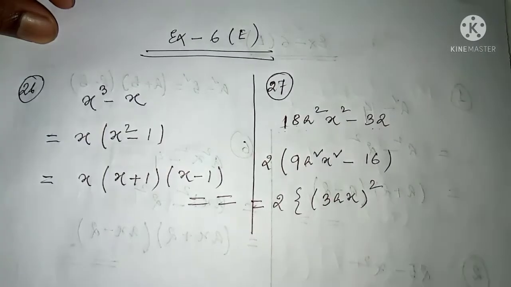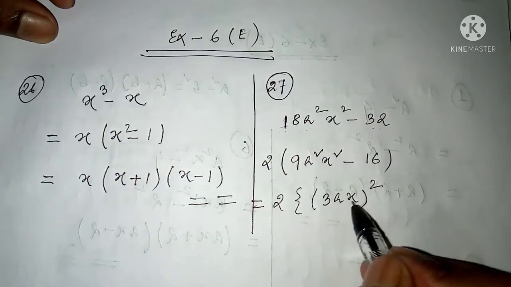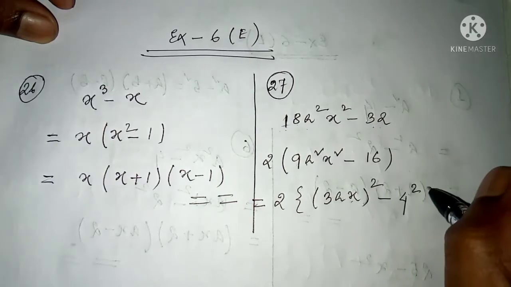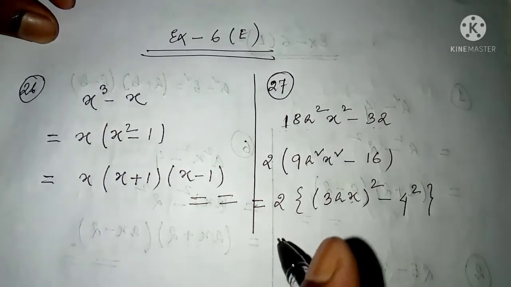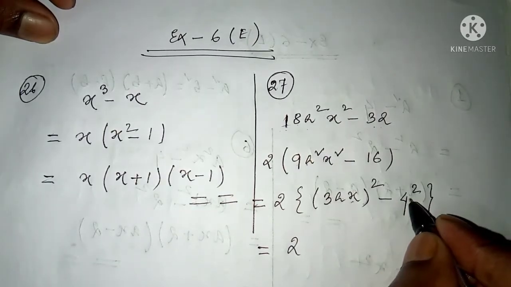3ax whole square. Then see here 3 square means 9, a square x square. Okay, then this 16 can be written as your 4 square. Okay, then see here next 2 into square of one term minus square of another term.